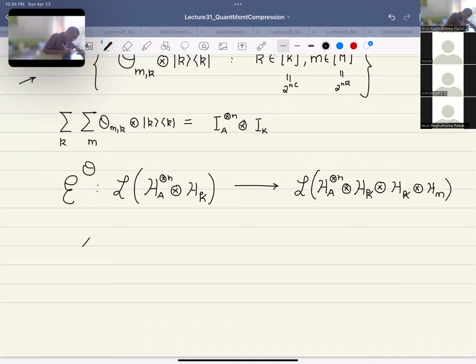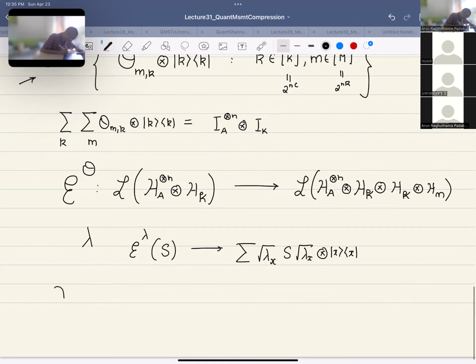Recall, when I have a measurement lambda, what is E lambda going to do? E lambda operates on S and it is going to put out root lambda x S root lambda x tensor x x. So whenever I have a POVM with an outcome set, think of any POVM, let's say the POVM is gamma, and it has an outcome set capital O, so little o belongs to O, this is my outcome set.